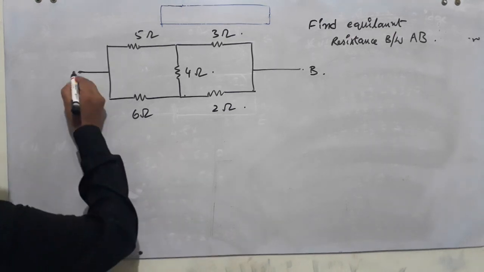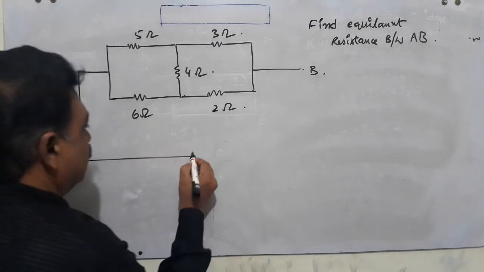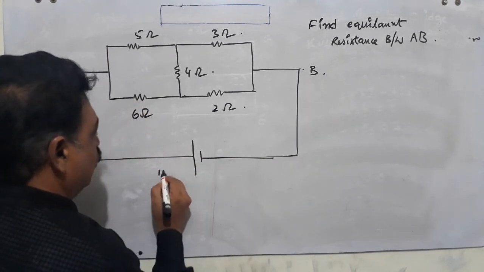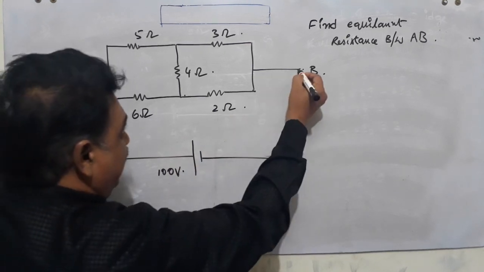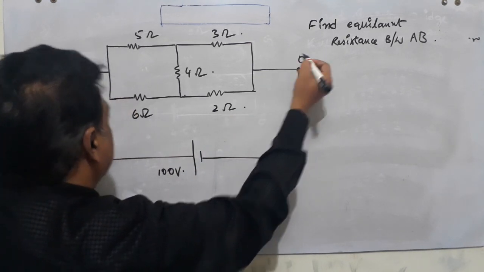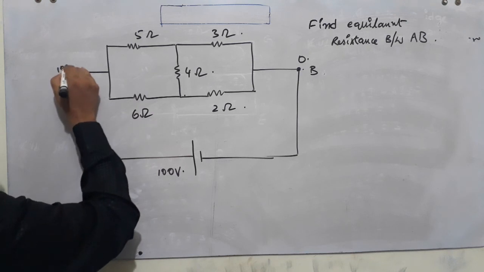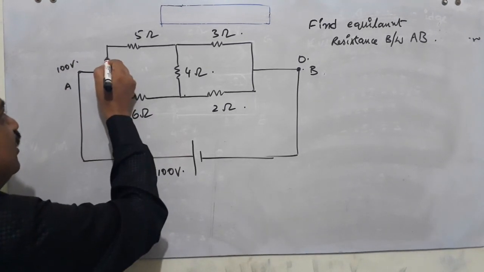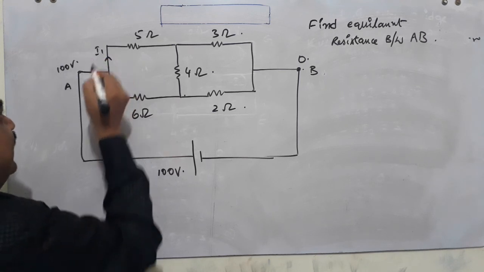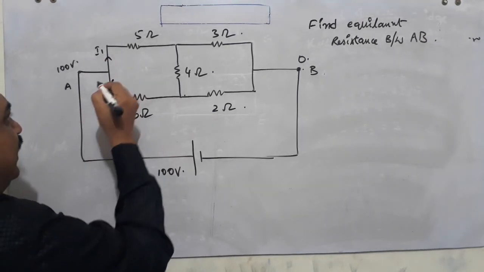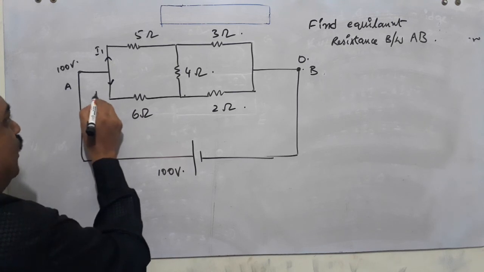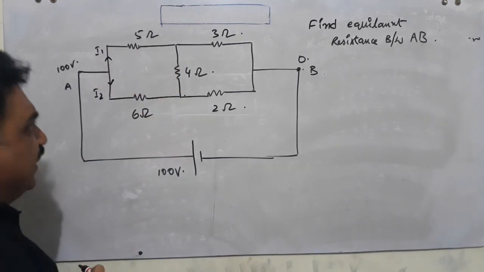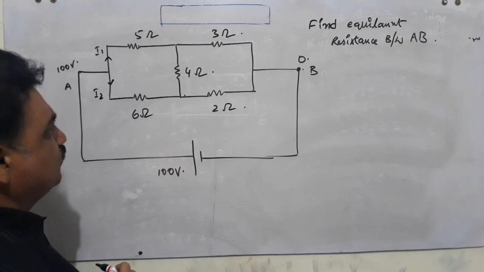See here, I am connecting these points A and B with a battery of 100 volt. That means B is at 0 and A is at 100 volts. In this part the current is divided into I1 and I2. Different resistances are there, that's why there are different currents.